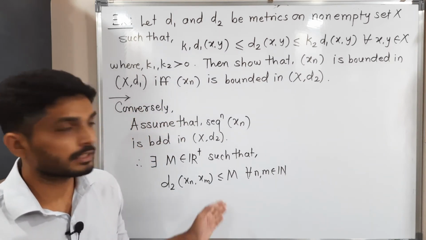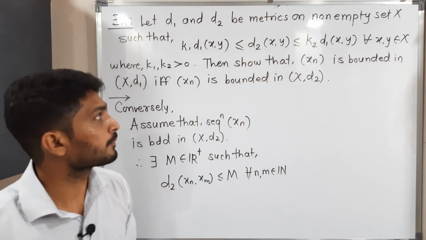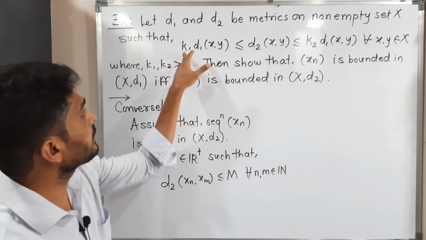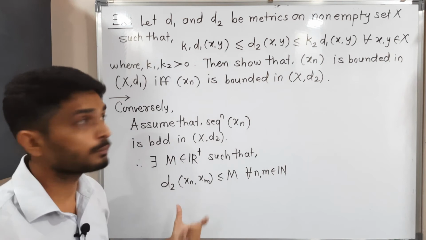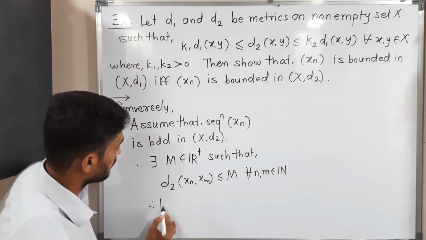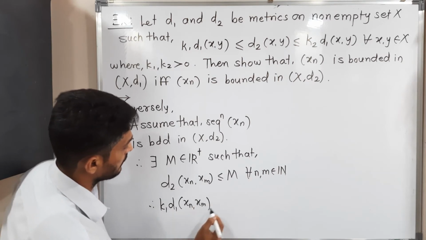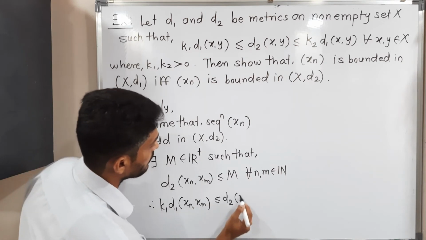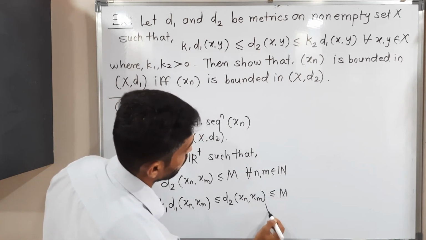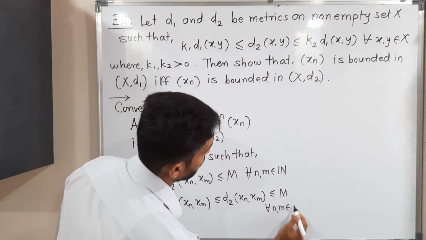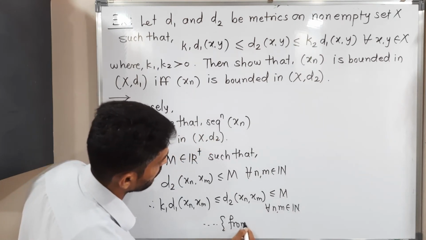Okay, so I have removed that equation 1, but you can see it is mentioned in the given question. So d2 of x, y is greater than or equal to k1 of d1 of x, y. So if I use this inequality here, what will I get? Therefore k1 of d1 of xn, xm is less than or equal to d2 of xn, xm, which is less than or equal to m for all n, m belongs to the set of natural numbers.